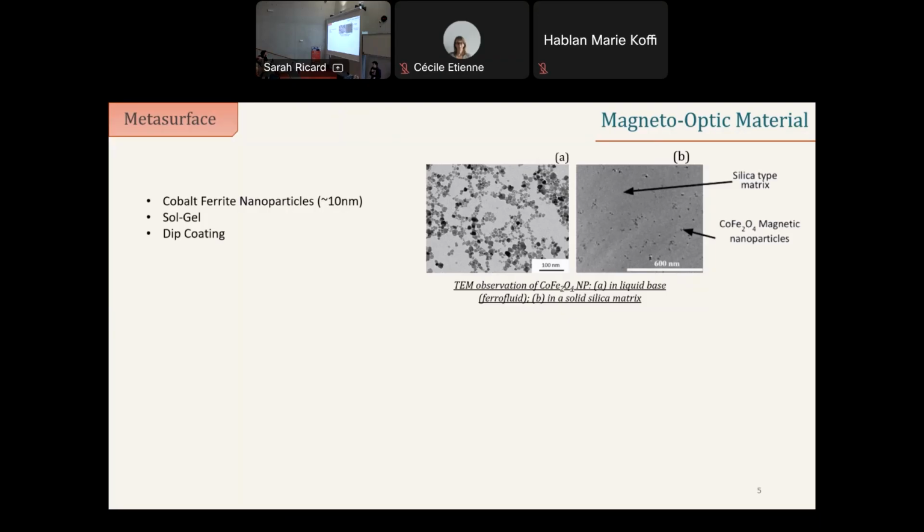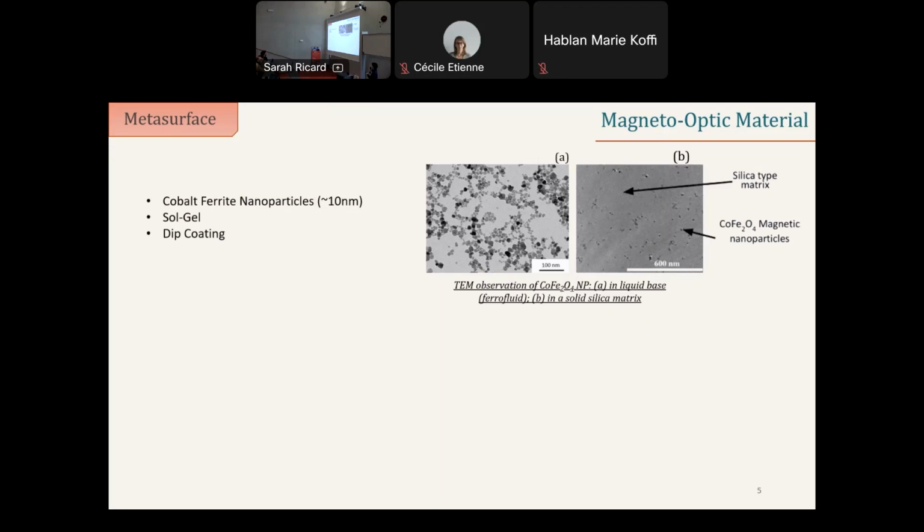These nanoparticles are around 10 nanometers in diameter. To have a solid silica matrix, we use a sol-gel process to have those nanoparticles embedded in the silica matrix, and then we use a dip coating technique to have a solid layer.